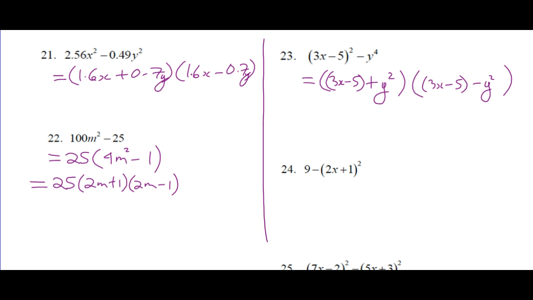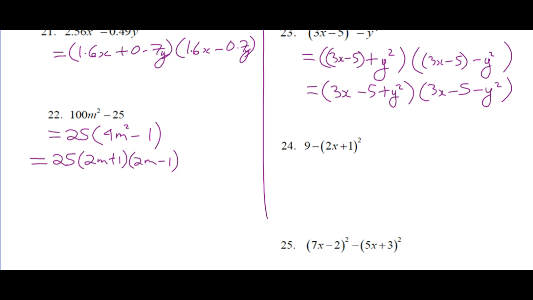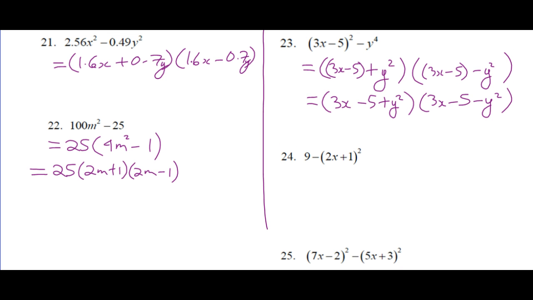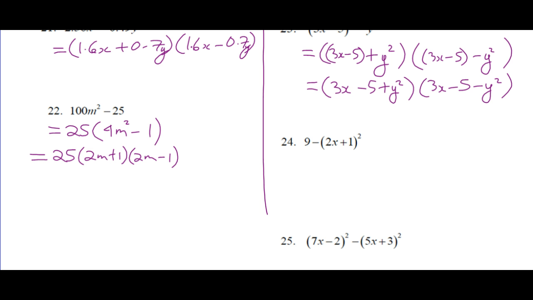You might say, why are you doing that? Because now I should remove the brackets, right? So it's 3x minus 5 plus y squared, and 3x minus 5 minus y squared. In a certain sense, it really doesn't matter what order any of those are written in. If you multiplied it out, you get the same things.